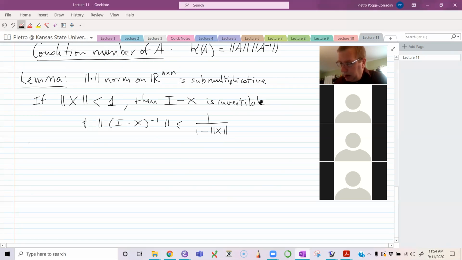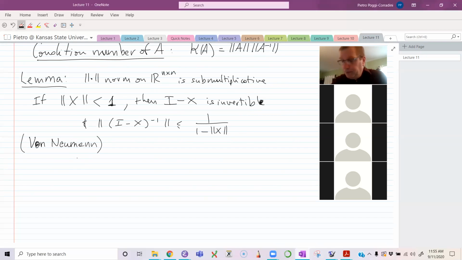This is a famous mathematician, von Neumann, who is related to this type of result. But essentially, it's a generalization of the geometric series in calculus.